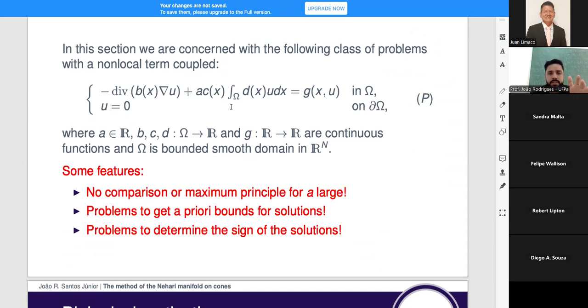If you consider this type of equation, here you have an integral term, which makes this type of problem very difficult because we don't have a comparison principle or a maximum principle when the parameter A is large, for example, and we have problems getting a priori bounds for solutions of this problem and determining the sign of the solutions.